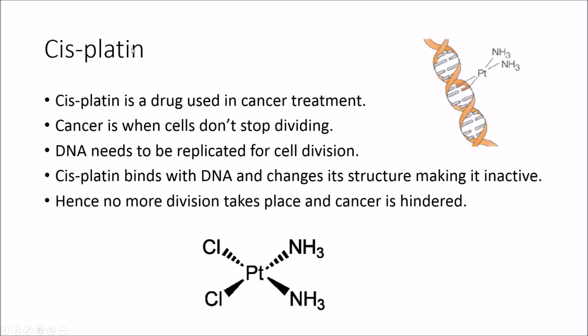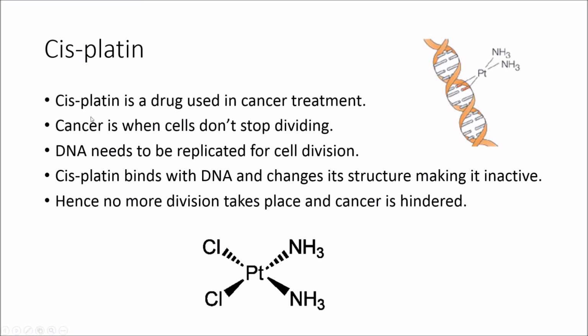So the last thing is cisplatin. All you need to know about cisplatin is that it's a drug used in cancer treatment. Cancer is when cells don't stop dividing. It's this uncontrolled cell division which leads to too many cells filling an area, and that's why they're tumours and bulges.